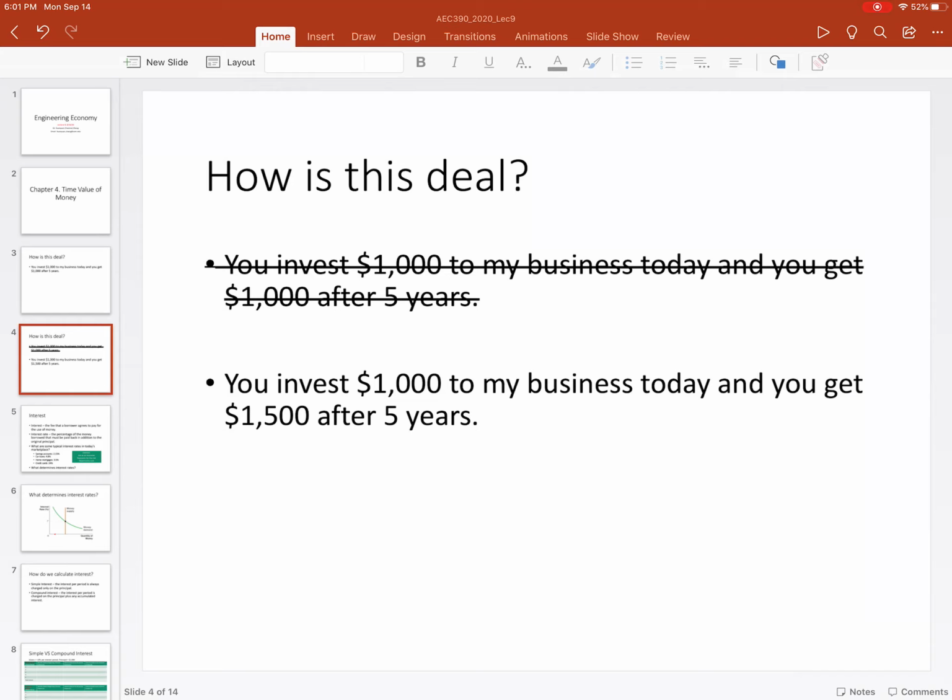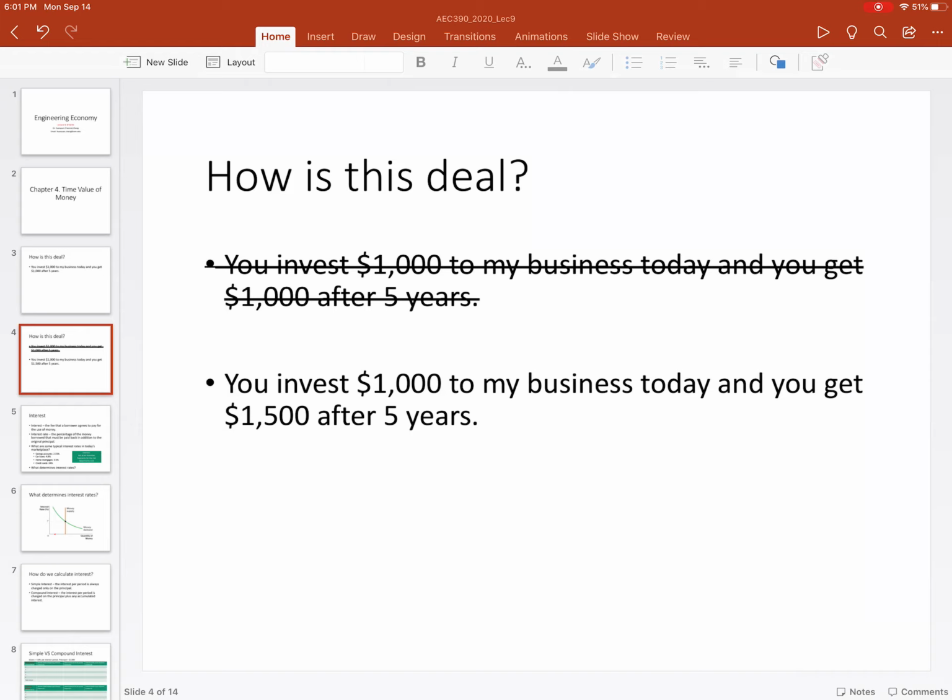Without interest, unless you're close friends or family members, nobody wants to take the risk to just invest some money in your business with just the same payback after many years, because the same amount of money after 10 years or 5 years is not equal to that amount of money today. Okay? 1,000 today is different than 1,000 after 10 years.